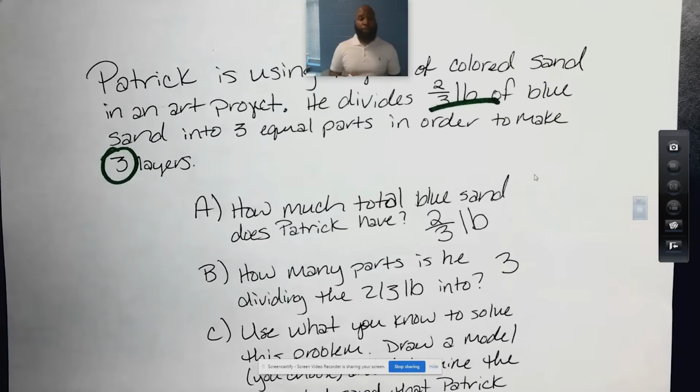So now I want you to use what you know to solve the problem. I want you to draw a model, and you can choose the model, and determine the amount of sand that Patrick will use in each layer. I give you some time to work this out.